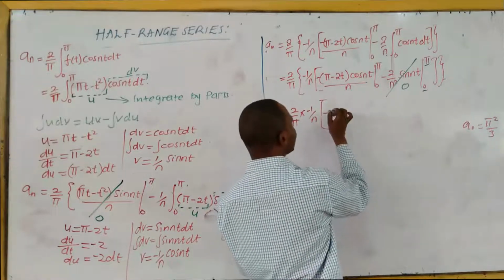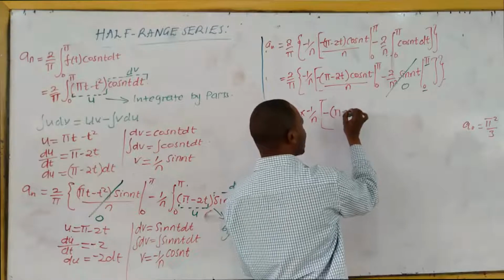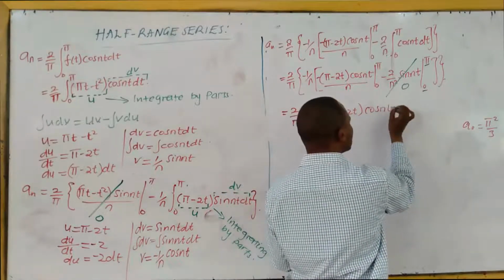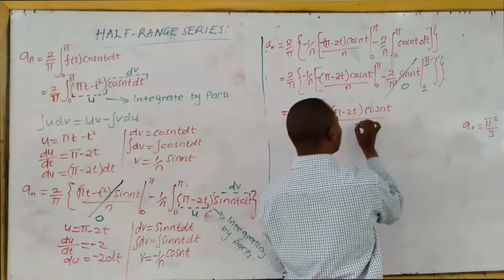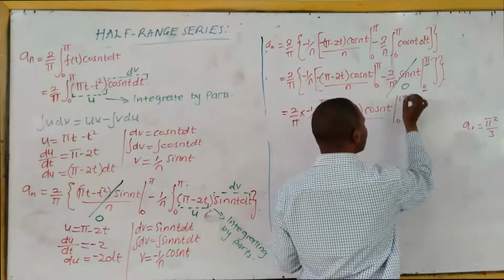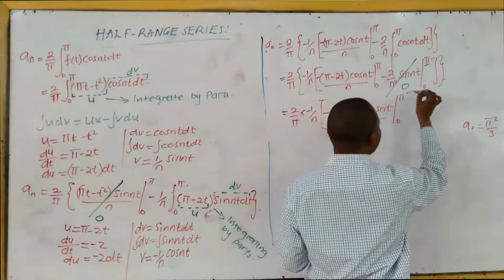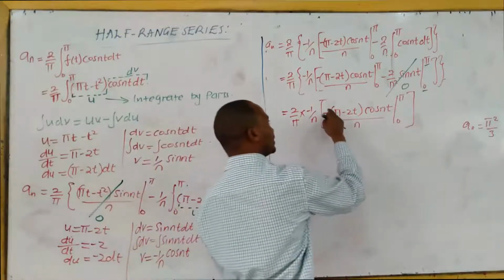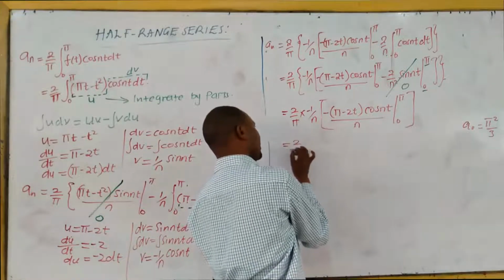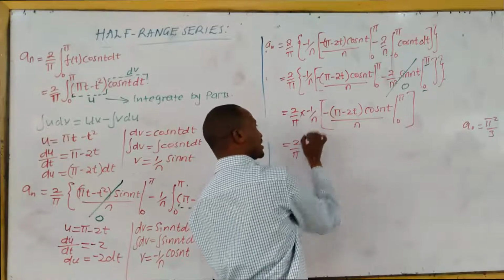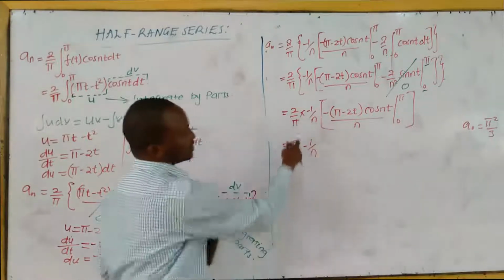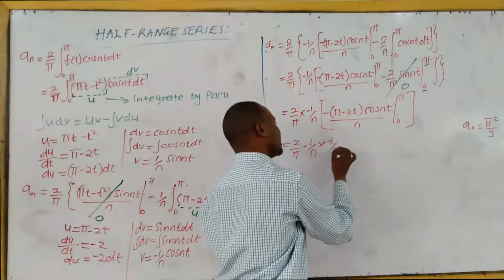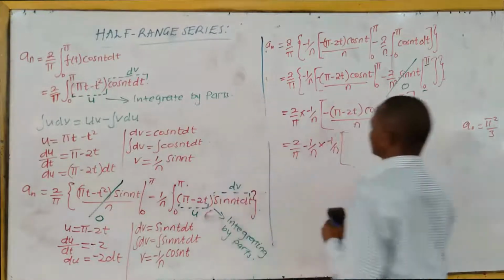So you have negative pi minus 2t cos nt over n, 0 to pi. Both of this one is 0. Then we close that bracket. Let me factor negative 1 over n. So it is 2 over pi. There is already negative 1 over n here. I factor out the negative 1 over n, and then I proceed.